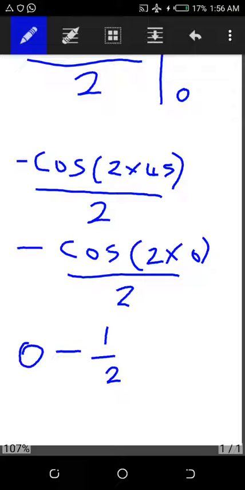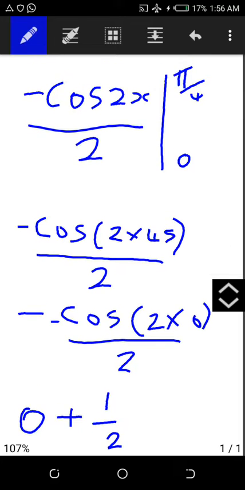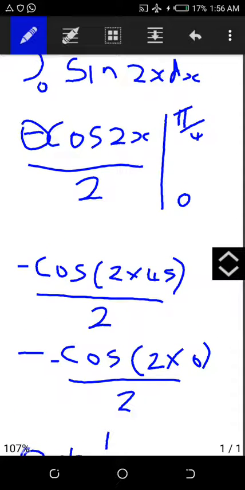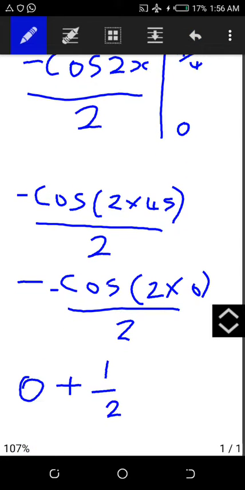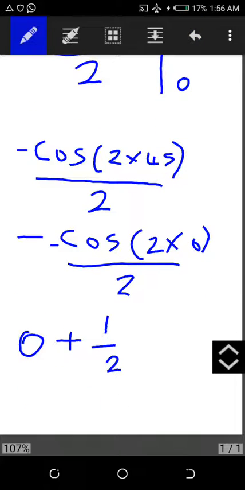However, oh, there is a mistake. There is a minus. Remember that our cos has a negative value here, so minus into minus will give us a plus. So here it changes to plus. This minus is from the formula, while the other minus is from the integral of sine x, giving us minus cos x.